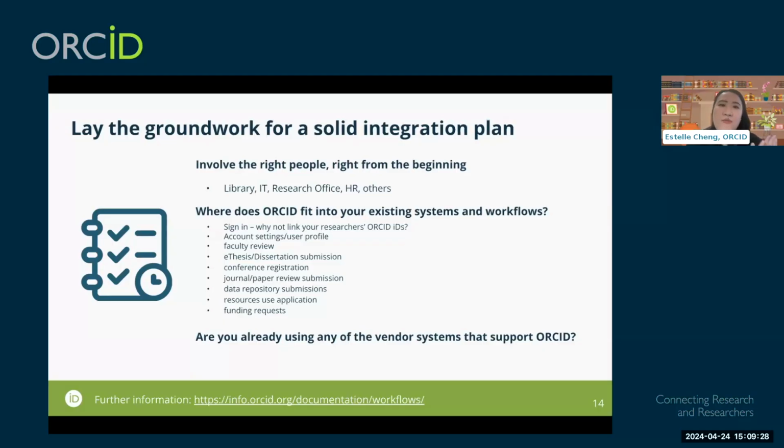The first is to invite the right people right from the beginning, to check in your organization who the stakeholders are, whether it's the library, a research office, or the human resource department, etc. Then check where ORCID fits into your existing system and workflow, to identify a proper system for you to start to interact with the ORCID API, and also to identify if you already use any systems that support ORCID. We will talk more about systems that support ORCID later on.